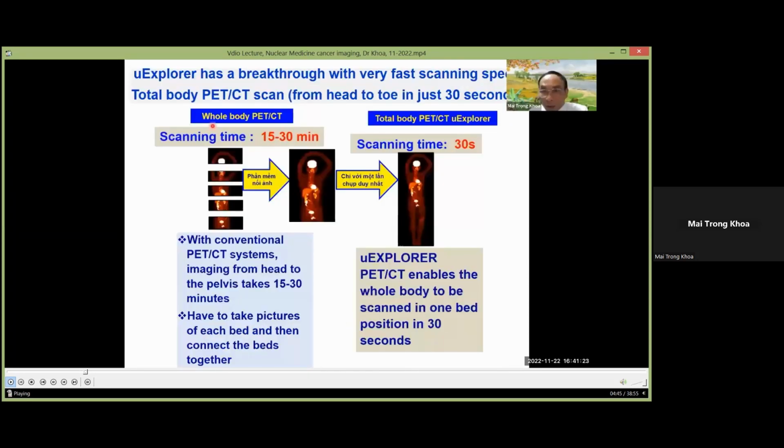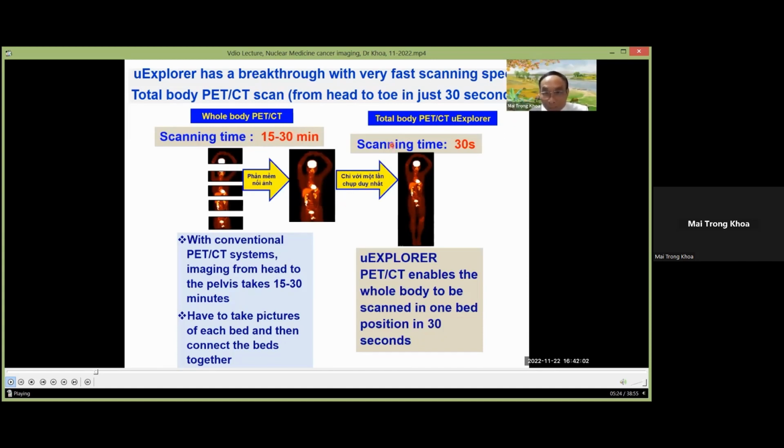And because the length of the detector in the whole body PET-CT machine is less than 30 centimeters, we have to take many bed positions and then combine many body segments to create a whole body image. So it takes us about 30 minutes to scan a patient.